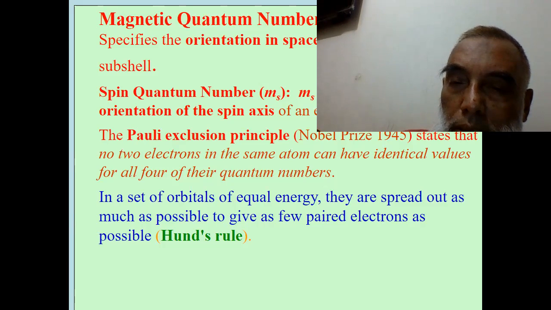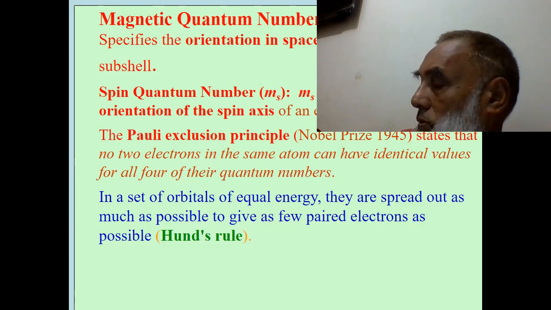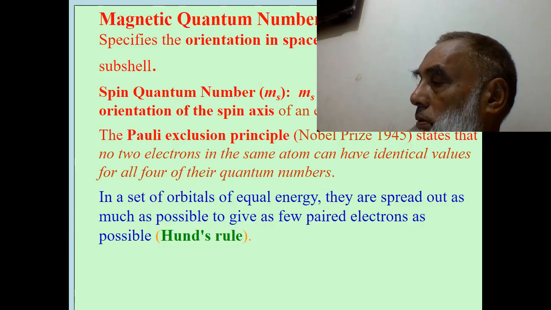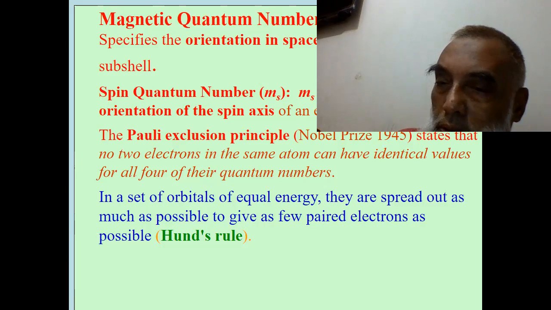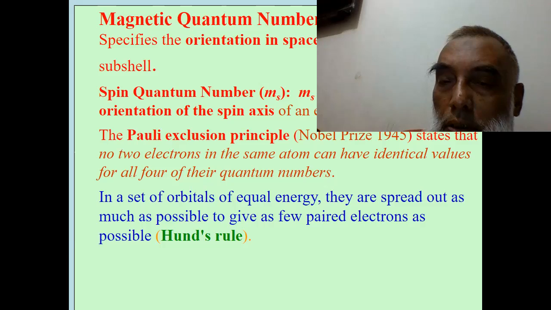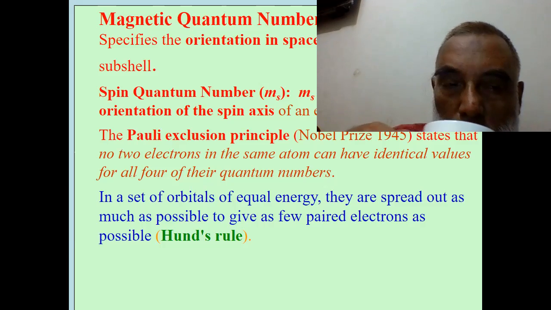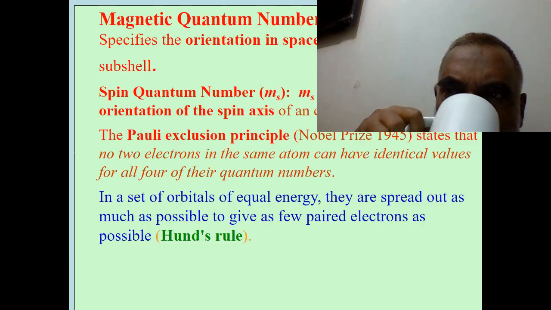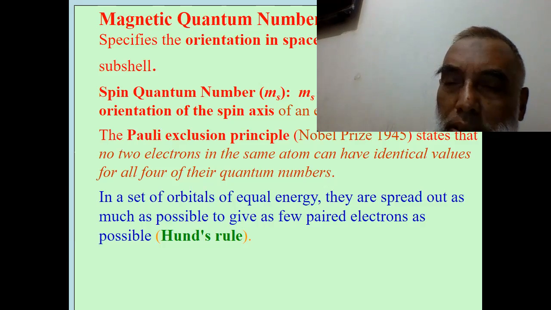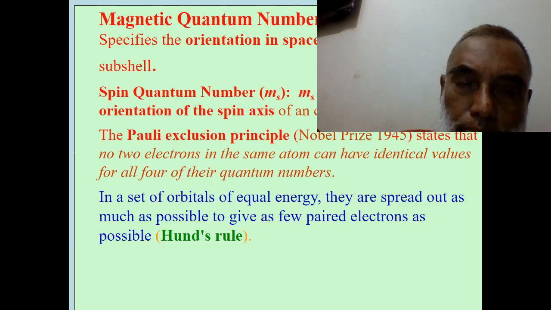Thus it gave 2 spin values, plus half and minus half. When in an orbital there is only a single electron, it may have plus half or minus half. But when there are 2 electrons, one will have plus half, another will have minus half.